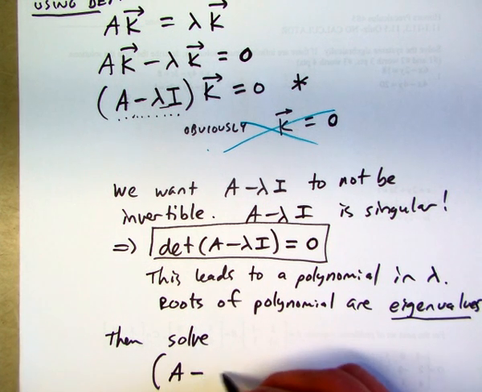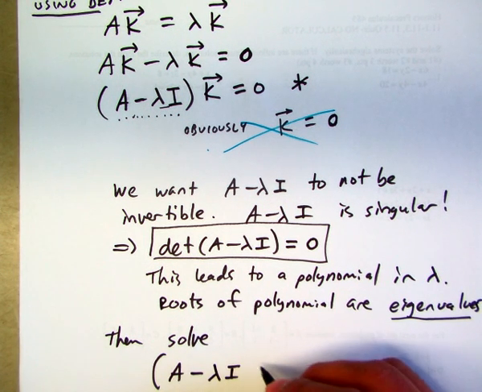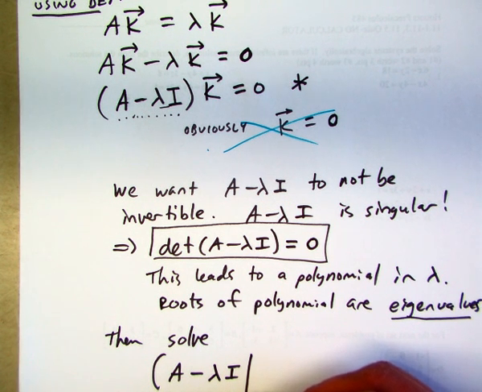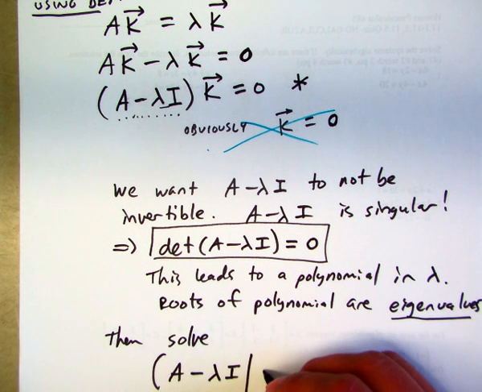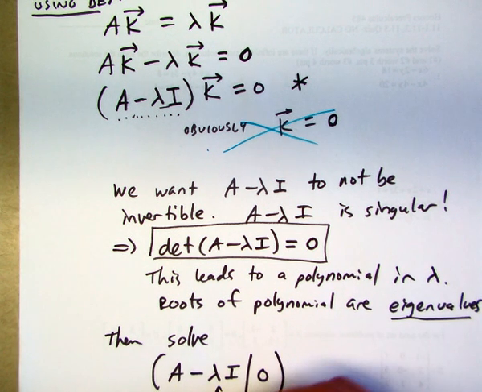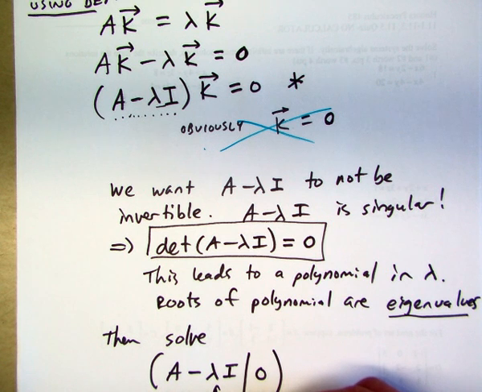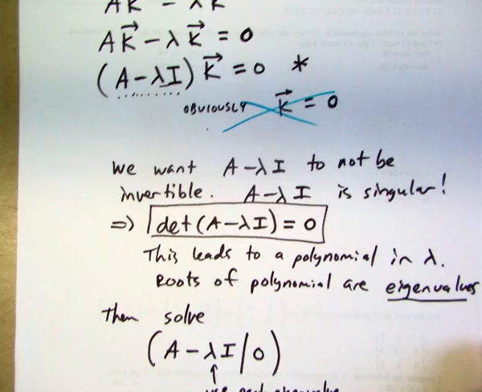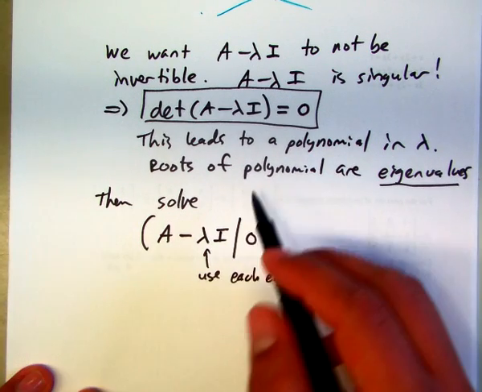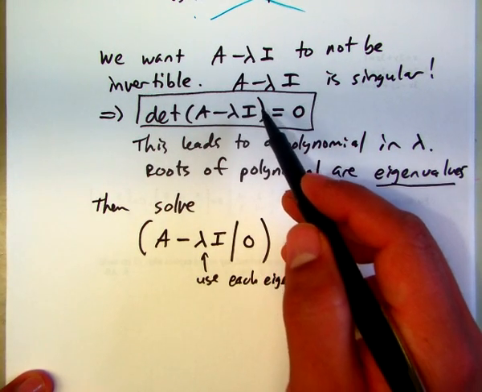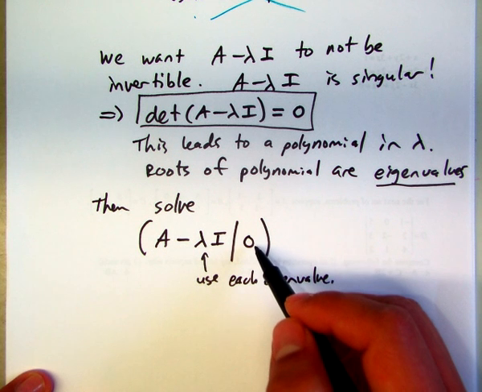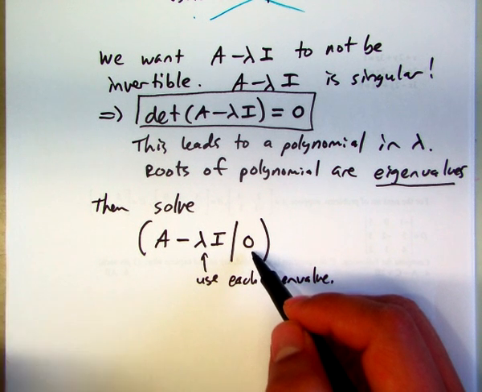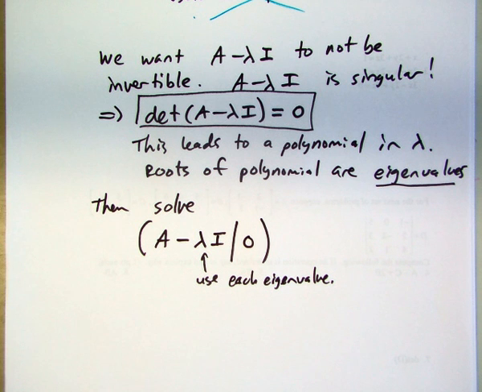You augment A minus lambda I with 0, and you use each eigenvalue here. This is a good place to stop. So once you get this equation, to get your eigenvalues, you go back, you augment it with 0 to find out what the eigenvector is going to be. We'll talk about that procedure on Monday.